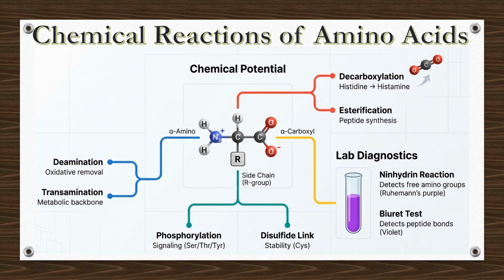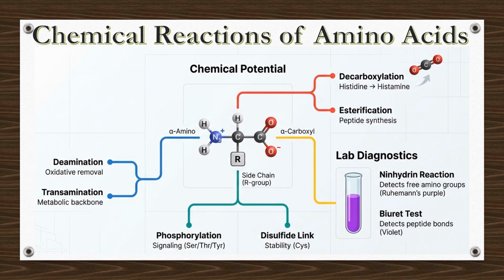The reactivity of amino acids is central to both biology and laboratory science. Their chemical groups undergo characteristic reactions that drive processes such as neurotransmitter synthesis, protein modification, and analytical detection. The alpha carboxyl group behaves like other carboxylic acids.